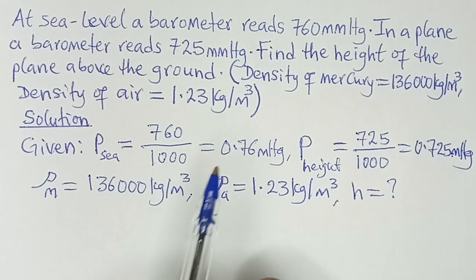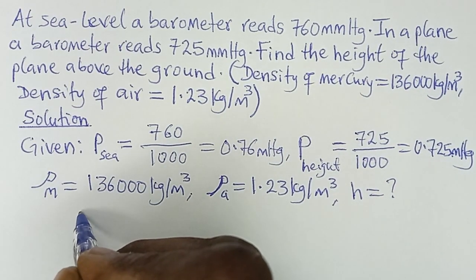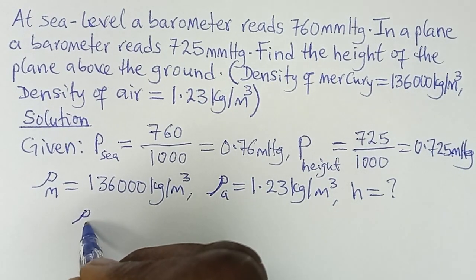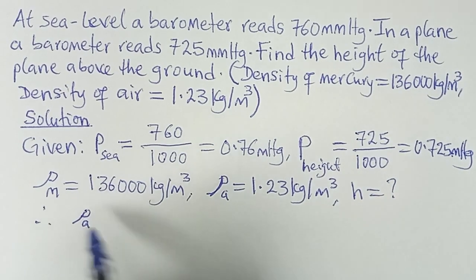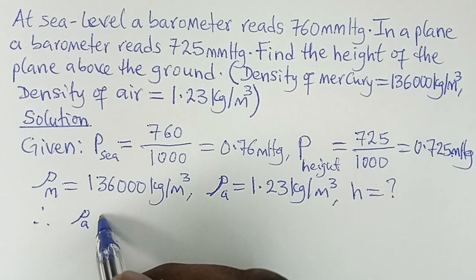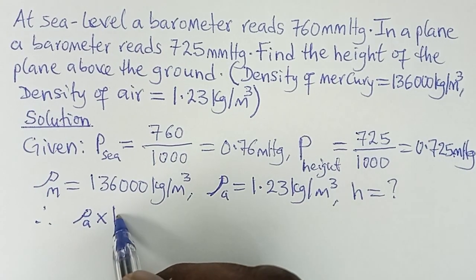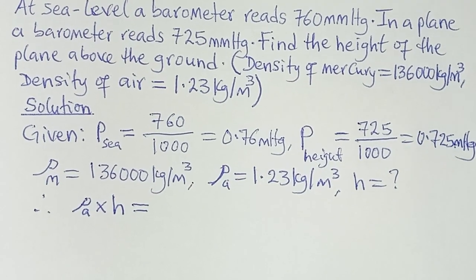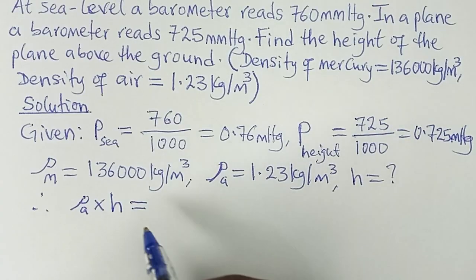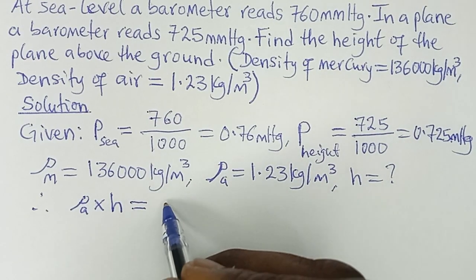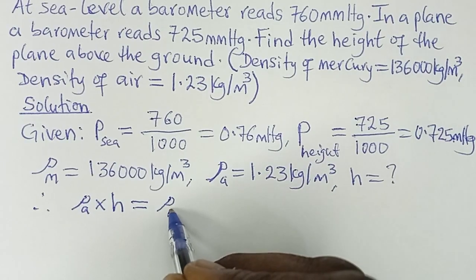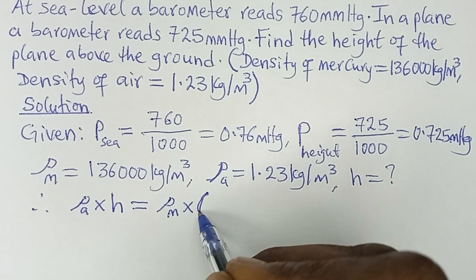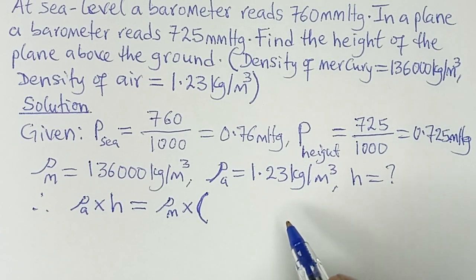Now the formula to apply in problems like this is: the density of air, rho A, multiplied by the height of the plane above the ground, is equal to the density of mercury, rho M, multiplied by the difference between the pressures at sea level and at that height.